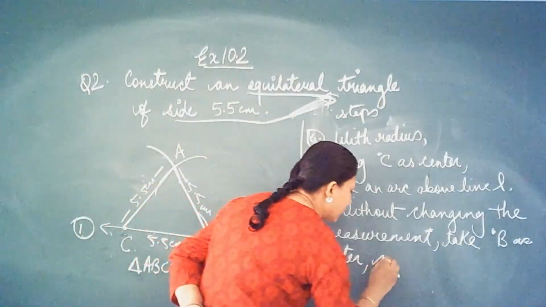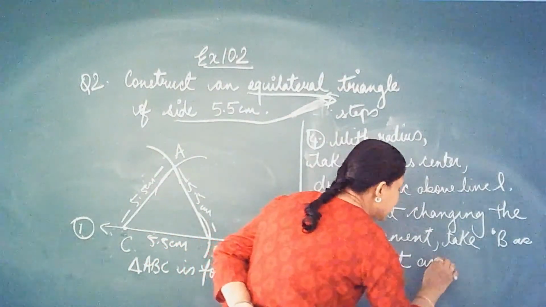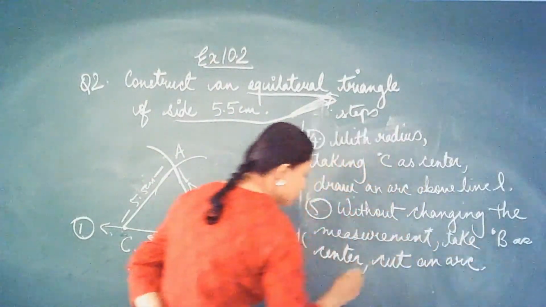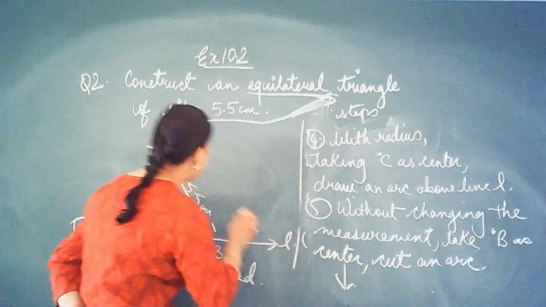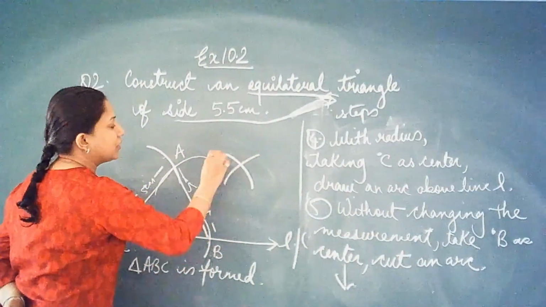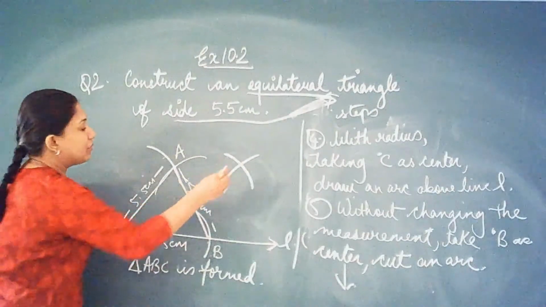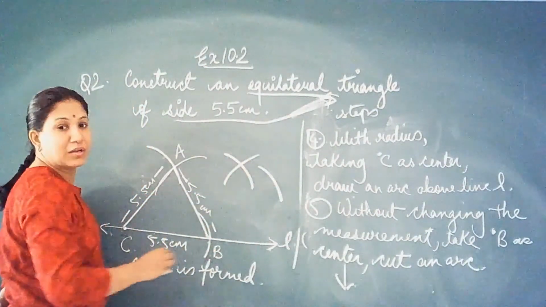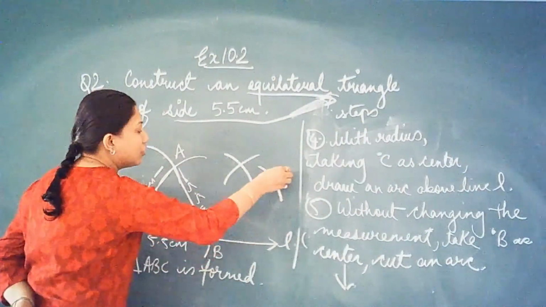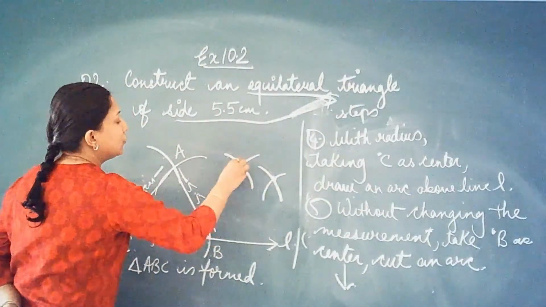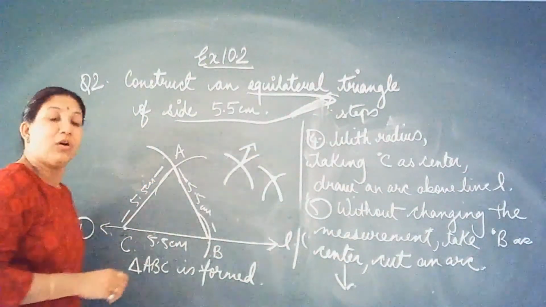So this time it will not be drawn, it will be cut an arc. So what do you get? First time taking B as center, we have drawn an arc. But from B when you again draw, you cut the arc. So you get a point of intersection on that arc.